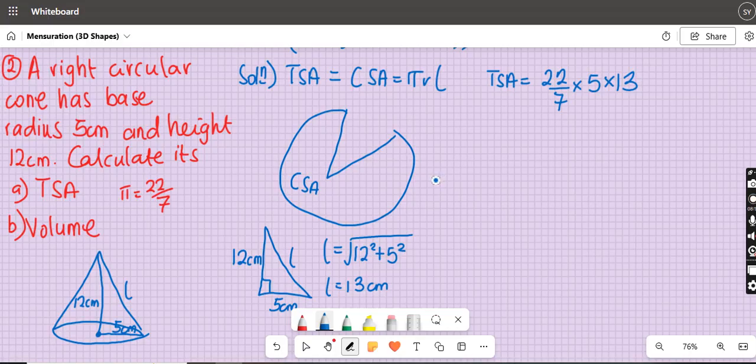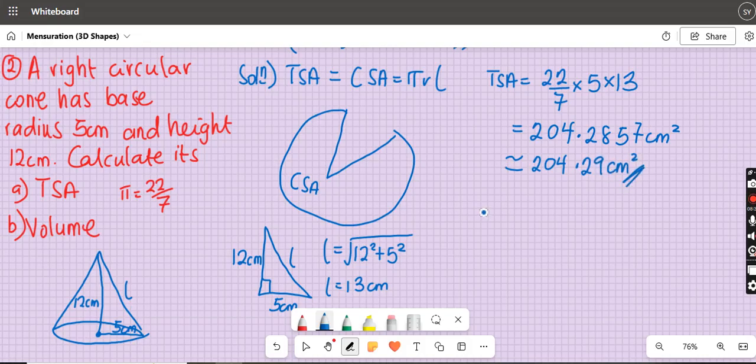And this should give us 204.2857 centimeters squared. Write your answer in 4 decimal places, and then you can approximate to 2 decimal places, 204.29 centimeters squared. Good.